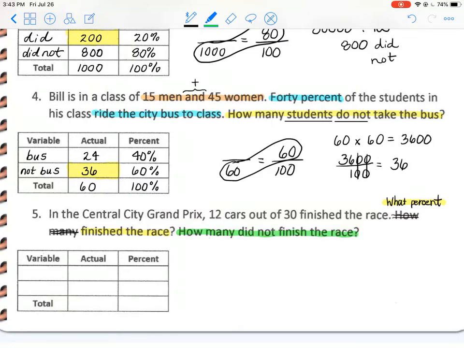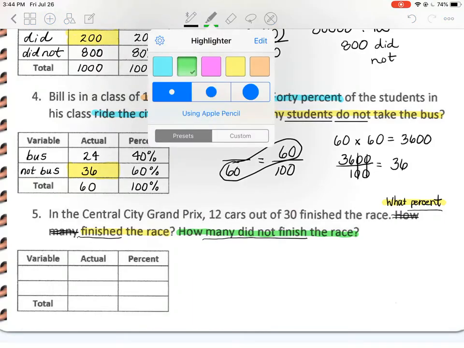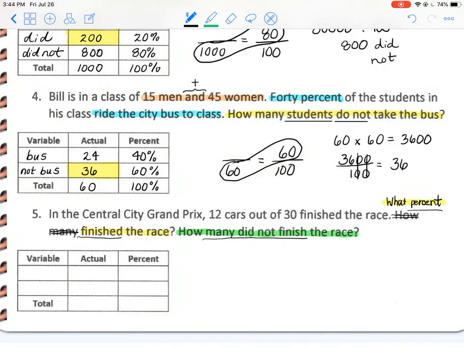not finish the race? So this one, it's a percent finished. And this one is how many did not finish. So we've got two things to answer. We are looking for, let me set the variable up. The variable is whether or not they finished or did not finish.